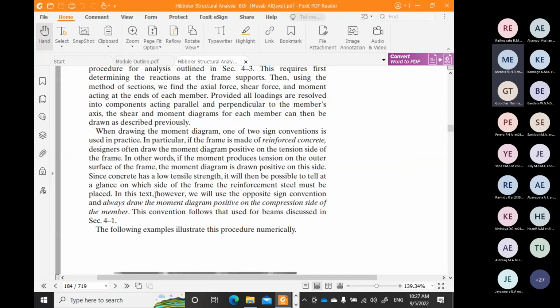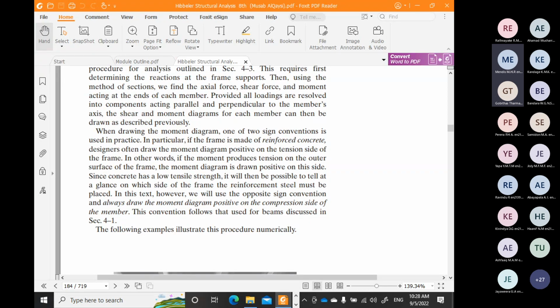In this text, however, we will use the opposite sign convention and always draw the moment diagram positive on the compression side of the member. So in the book, all the examples, they would have drawn this on the compression side. So if it is bending outward, the bending moment diagram would have been drawn inside.